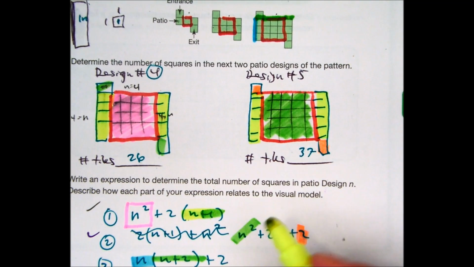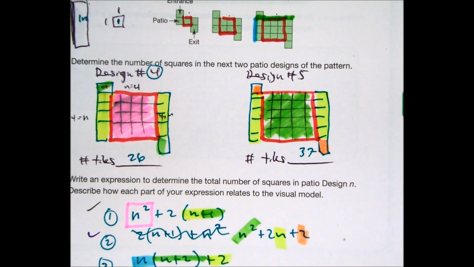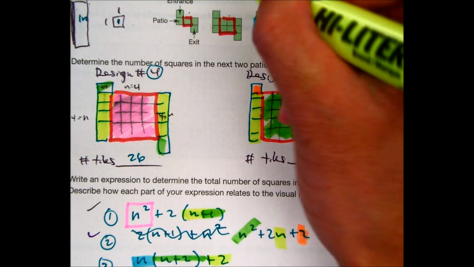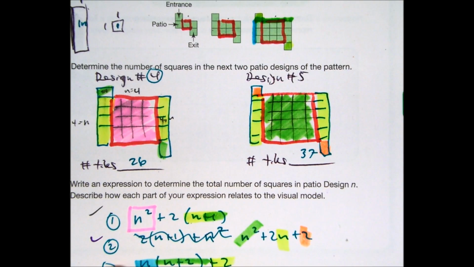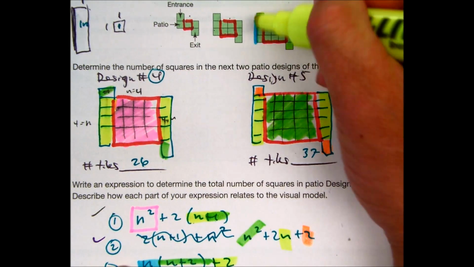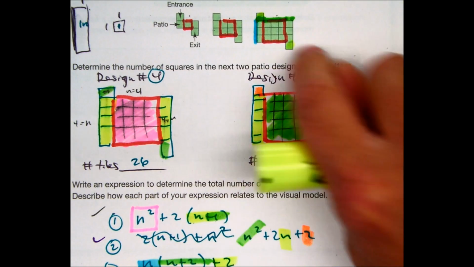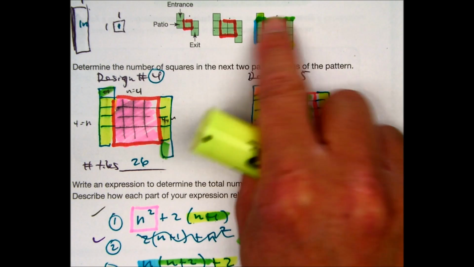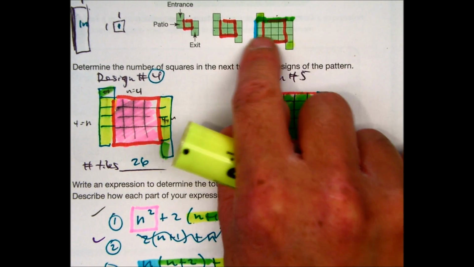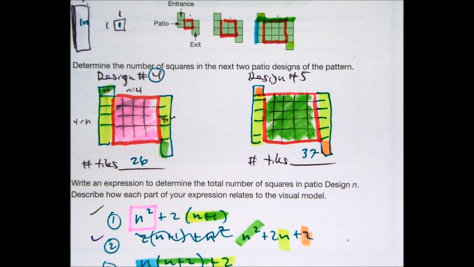And where's the plus 2? That's the entrance and the exit. So in this problem, it's n times n plus 2. So it's kind of like the area, right? n is 3, and this one is 3 plus 2. So if I multiply that, I get all of that on the inside and then the 2 endpoints. Good job, Josh.